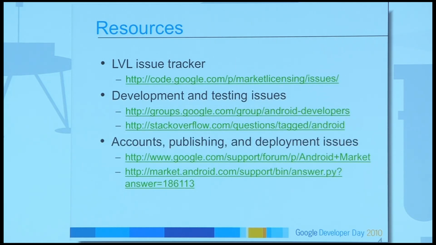When you start your implementation, if you run into issues with the licensing library, please raise them in the issue tracker here. And finally, as you are already familiar with, we have forums for general Android questions and also Android Market questions. That's pretty much all I have for today, and I hope you found the talk informative.